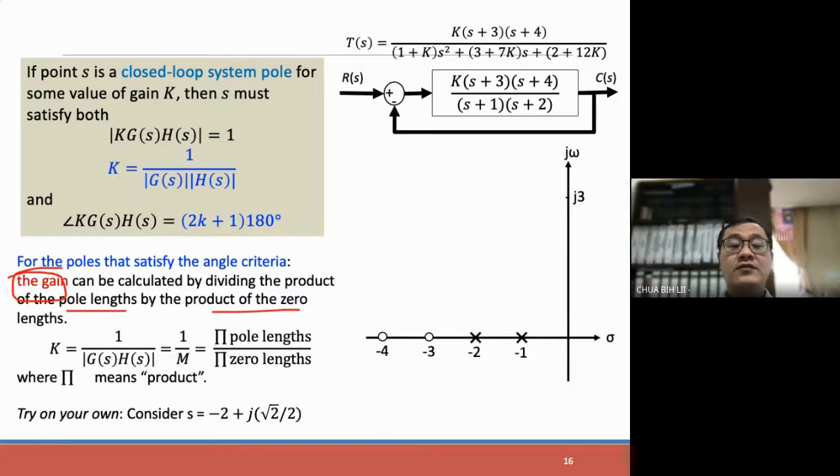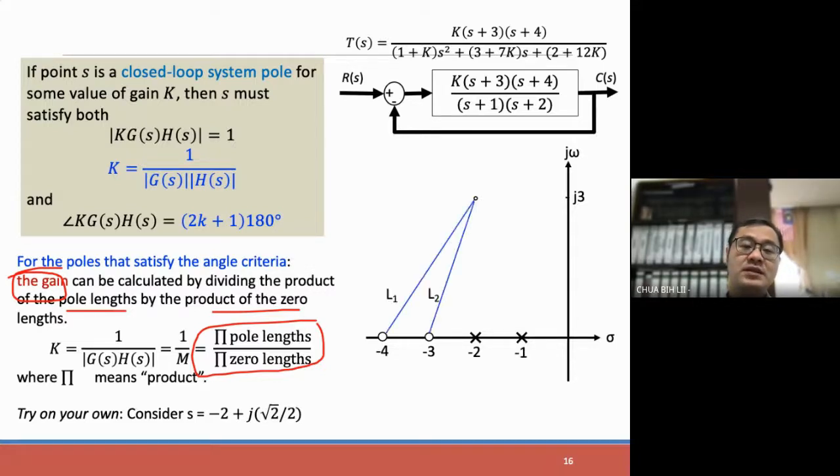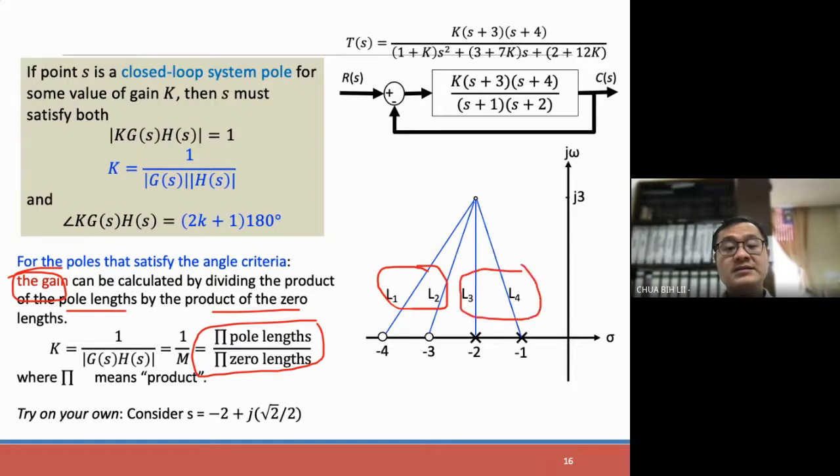So this is the formula, 1 over GH, which is equal to 1 over M, and coincidentally is the pole length product. This sign is not a summation sign, this is a product sign, symbol. So again, we test with the test values just now. This would be the so-called pole length, this would be the zero length.